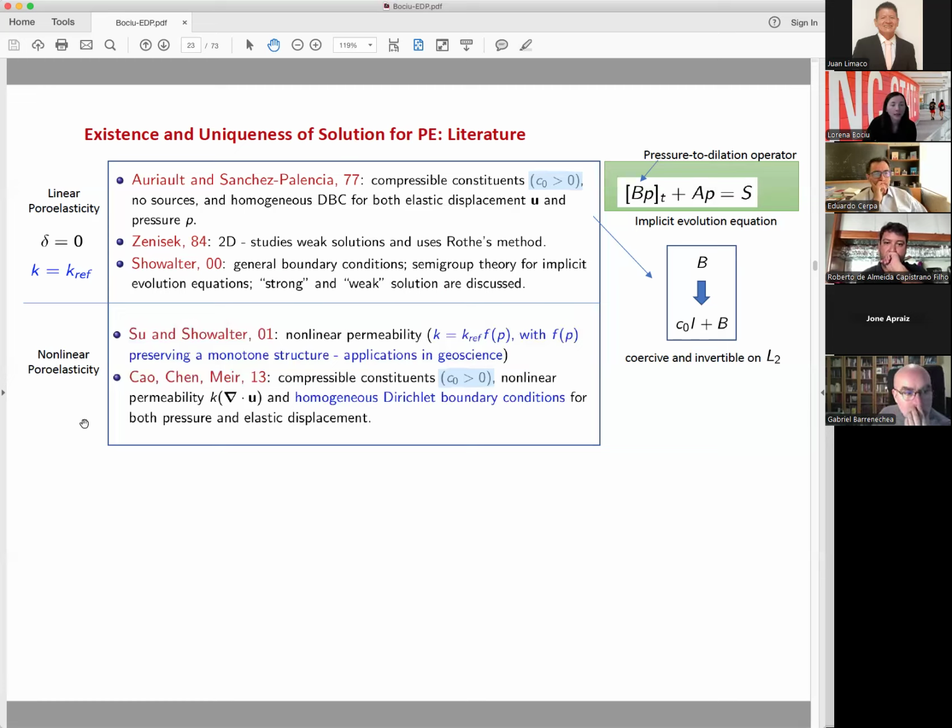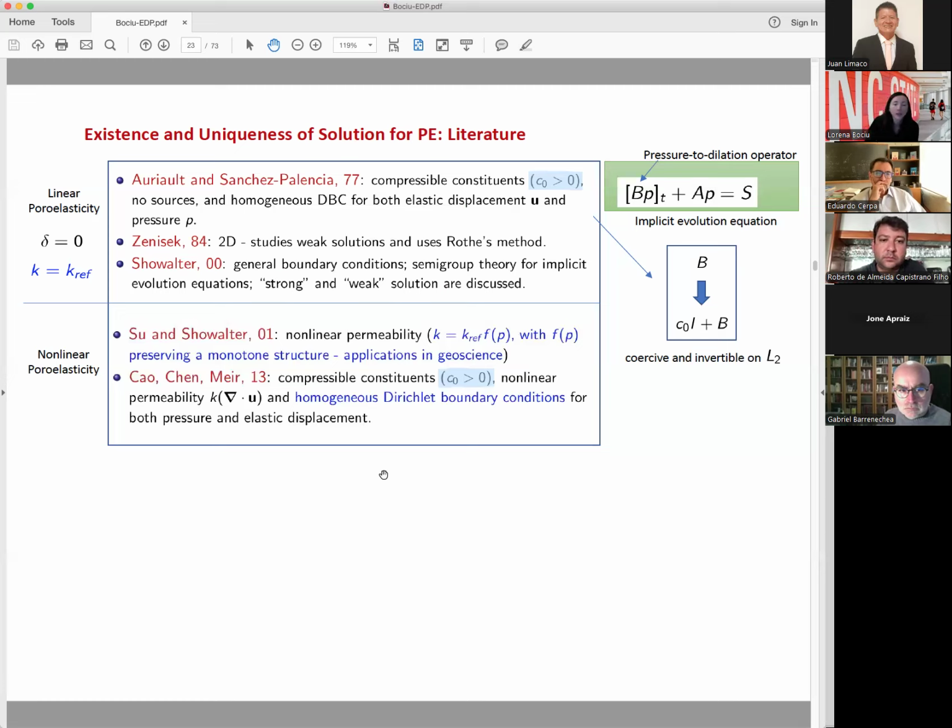Now, for nonlinear, Showalter had a paper a year later where he considered a nonlinear permeability, but it was a nonlinear function of the fluid pressure taken in such a way that you preserve a monotone structure of the problem. So you fall back into the semigroup theory that he had developed previously. And this made sense for the applications in the geosciences that he was looking at.